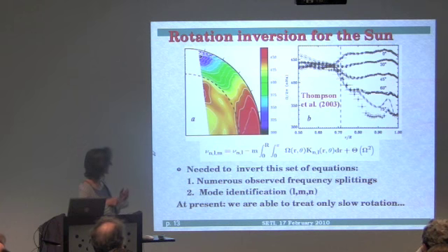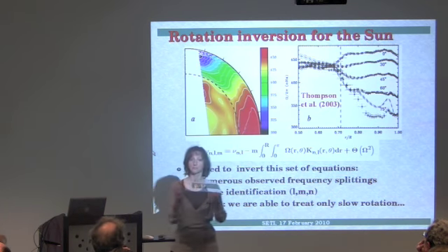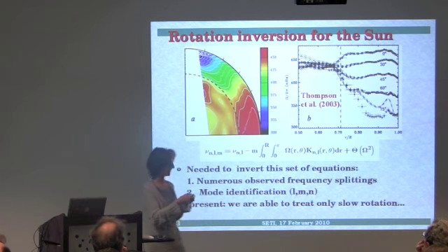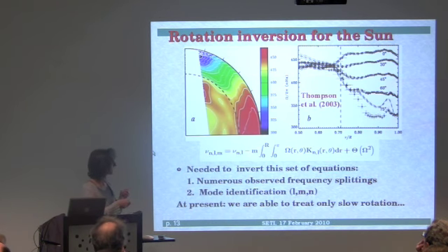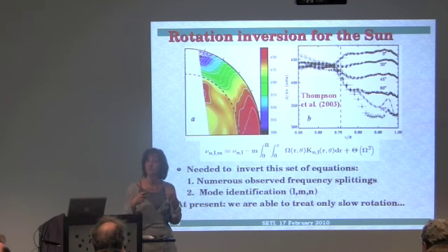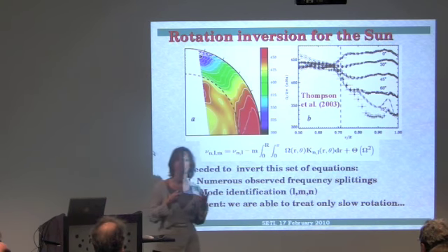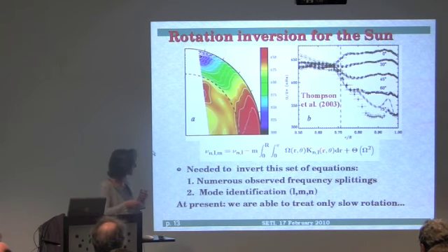Again, I will not give the derivation, but the frequency that you measure as an observer is on the left-hand side, is the frequency that I would have caused if I were not rotating with respect to you. And that is shifted by a certain amount where the m value, which is the number of nodal lines through the symmetry axis that I talked about before, times an integral over the body where the internal rotation rate is multiplied by a function that's dependent on the eigenmode. Okay, we know that function from the stellar structure.